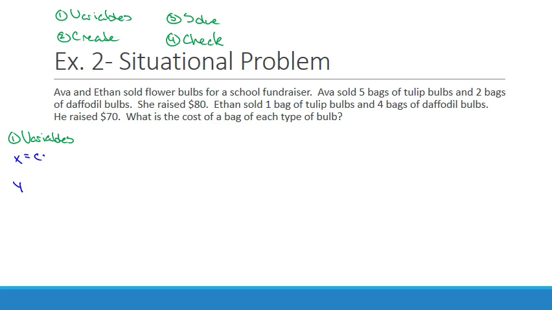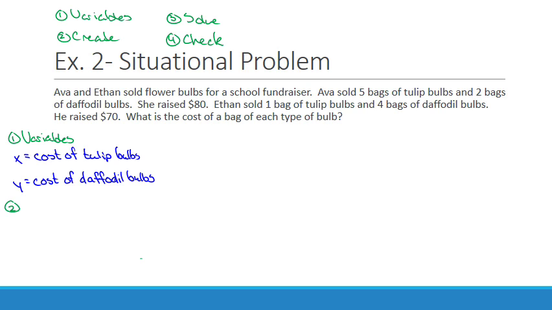Okay, this will be the cost. It doesn't matter which bulb you put first. I'll say x is the cost of tulip bulbs, and y is the cost of daffodil bulbs. Okay, so those are my variables.